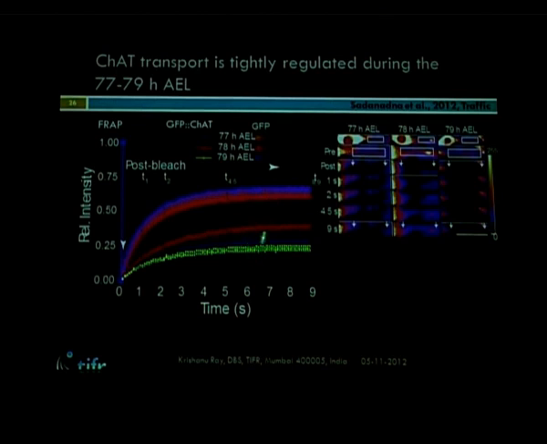So there is a brief period in which the movement takes place, and otherwise it remains at the basal level. So in other words, kinesin 2 can only bind to choline acetyltransferase for 1 hour in these axons and transport them through these axons, and after that 1 hour period they somehow disengage from this cargo.